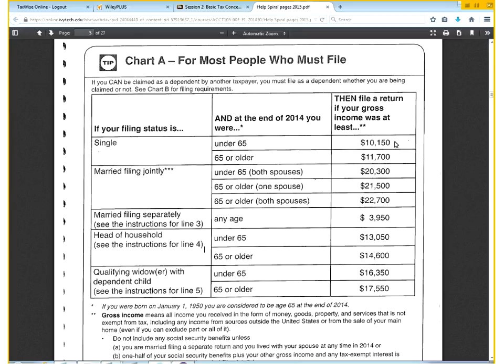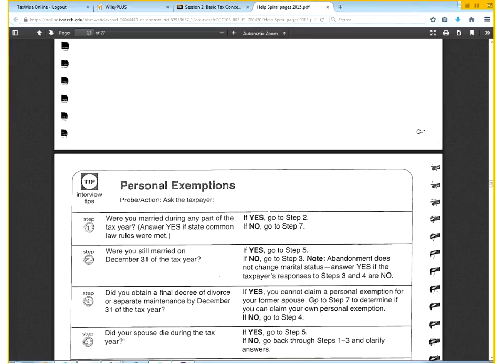So if you were under 65 and had gross income of less than 10,150, you wouldn't have to file. So there's a chart for that. Who has to file? There's a chart here that says, can somebody be a dependent of yours? Who can be a dependent? Who should file? There are a couple of pages on whether you qualify for head of household. I think these are going to be really helpful for you this week, and these pages spiral into the next couple of weeks, but especially this week, if you really want to get to know this information at a level beyond what most people do.